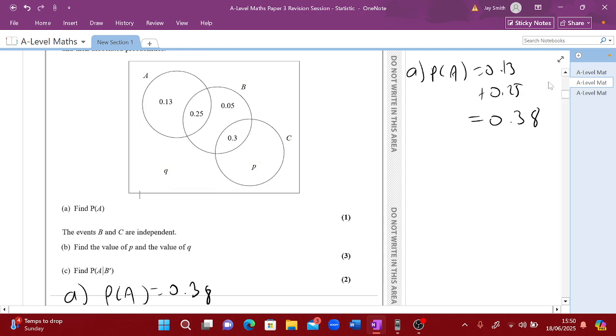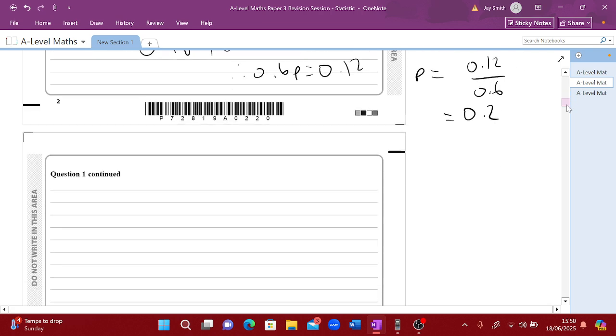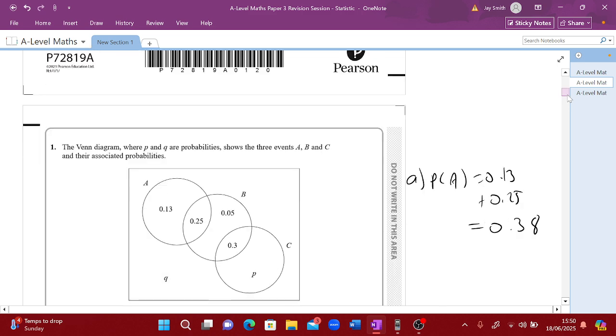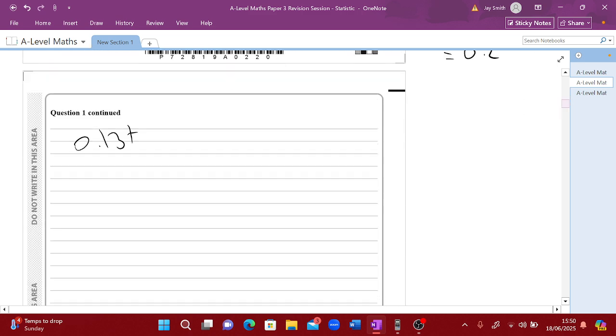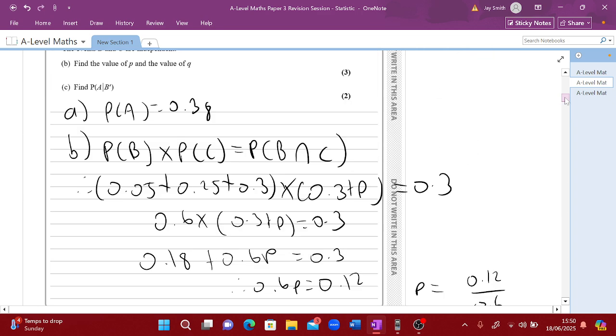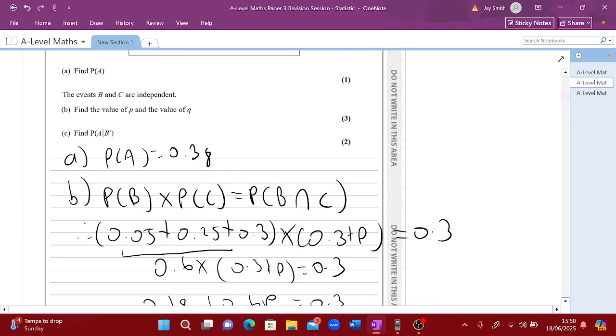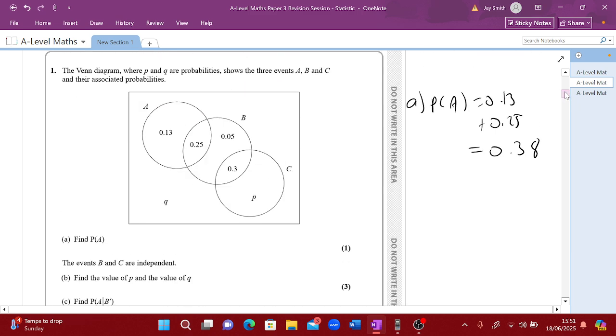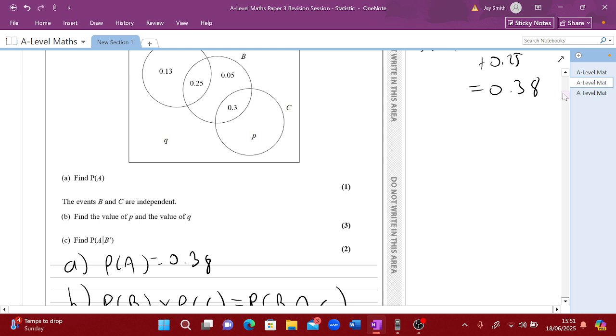That means that 0.13 add 0.25. Well, actually, first we can make it a bit easier for ourselves because we know that these three numbers add up to 0.6. We've worked it out already. So 0.05 and 0.25 and 0.3, that's these numbers in B, they add up to 0.6.